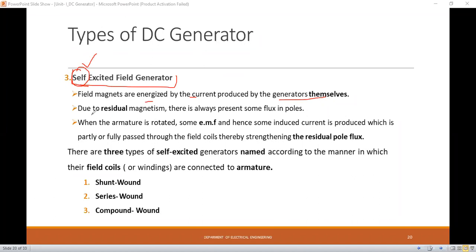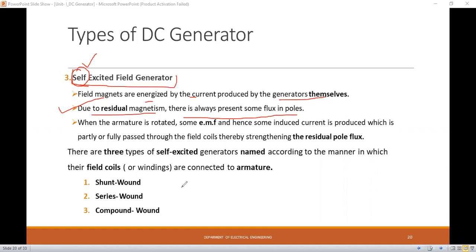See, due to the residual magnetism, this is one of the important points. Due to the residual magnetism, there is always some flux present in the pole. Okay, due to the residual magnetism concept, before excitation of the field winding, there is some induced EMF, or some residual magnetism present in the pole.